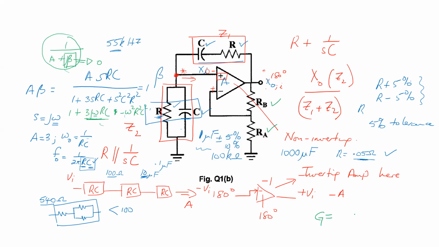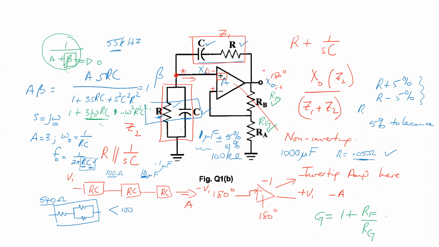The gain would be 1 plus the resistor on top over the resistor underneath. If this is the feedback and this is the ground resistor, from the general circuit it's 1 plus RF over RG, where RF is RB and RG is RA here.